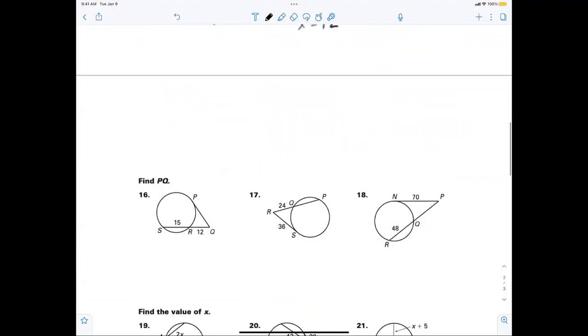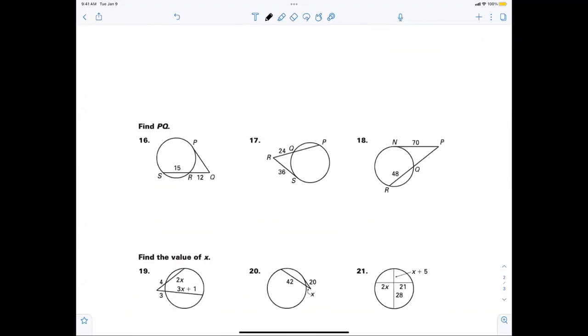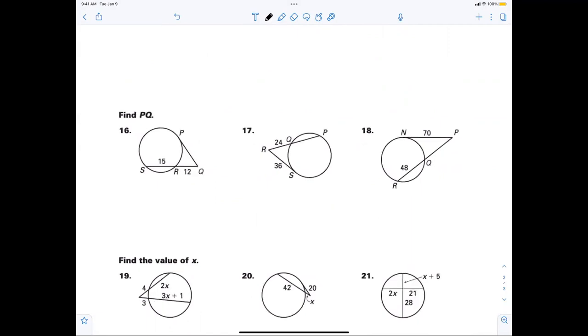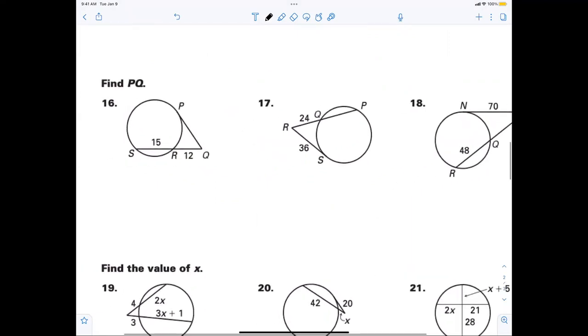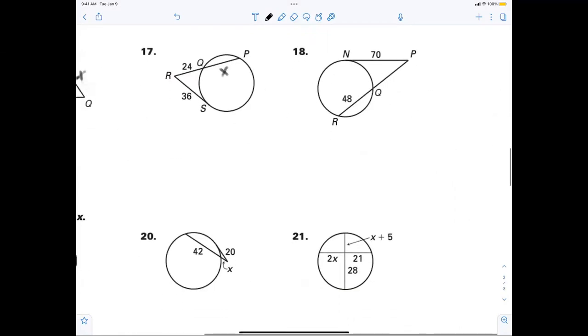All right, let's find something more complicated. For these right here, all we have to do is put an X in the missing spot. Okay, so let's check out 18.